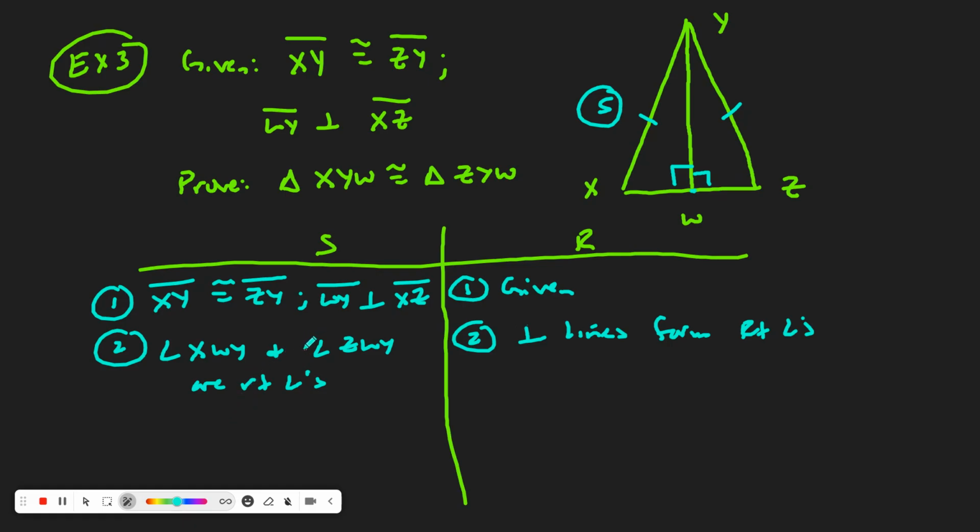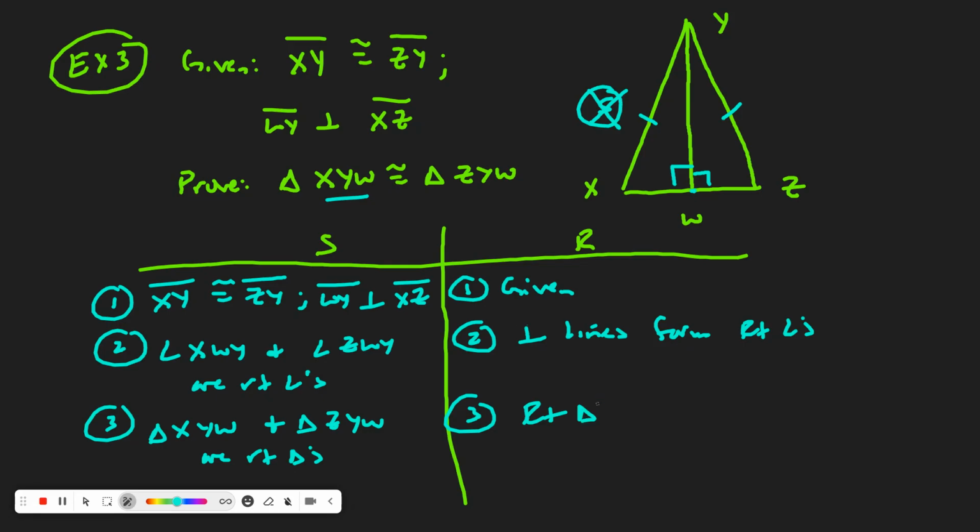And now, if you think about our proof, when you have right angles, we now need to think about HL. So I'm going to scratch off this S for a second, because now, if we have right angles, we have right triangles. So I'm going to say that triangle XYW, just using the naming up here, and triangle ZYW are right triangles. And that is because right triangles have one right angle.